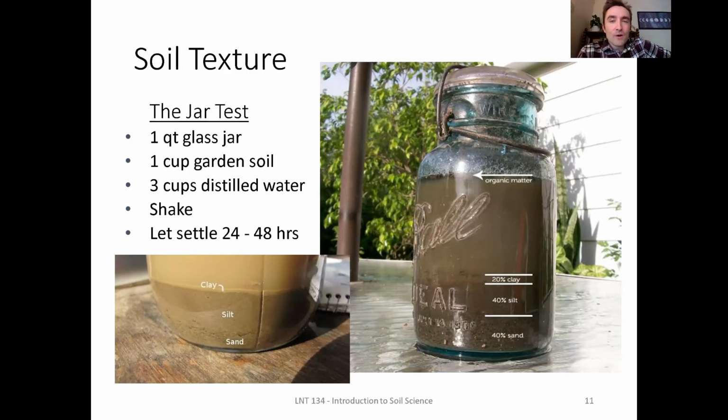Take your soil, put it in a jar of water, shake it up, and let it separate out because the heavy stuff falls first and the light stuff falls later, sometimes 48 hours later. So you can see here, it's actually quite difficult to measure because it's not necessarily a line between all of these, it's just a gradient.